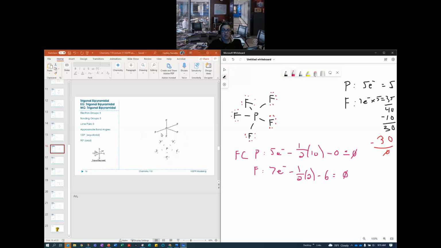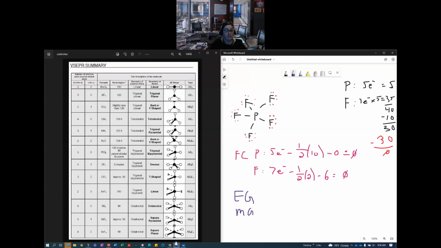I have 5 things that are arranged around this phosphorus. So if I want to talk about my MG, and we'll talk about EG first, so electron geometry, and then the molecular geometry. Both of them are going to be the same because I have no non-bonding electrons. I now have a case where I have 5 things around my central atom.